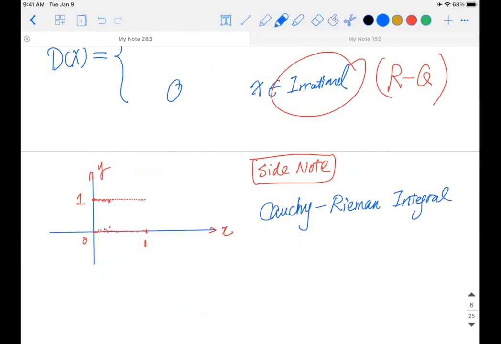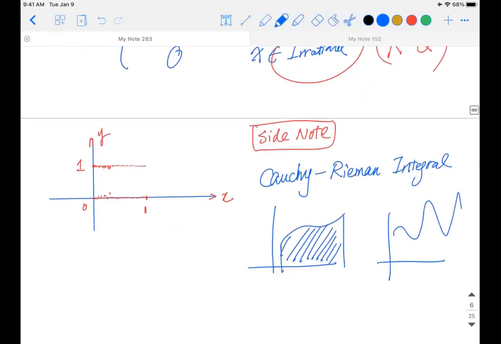The Cauchy-Riemann integral says if you want to make an integral for a function, at least the function should be continuous, most of the time. So I give you a function like this, you'll be able to find the integral, right? Integral is more defined as the area just below the curve. I give another function that goes like this. Okay, it is okay. You can do this integral. This is basically the area under this graph, under this curve.